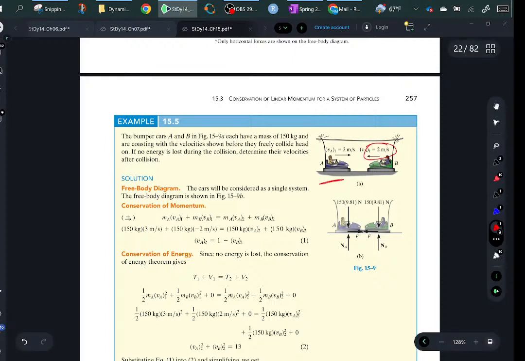One looks like it's going 2, the other looks like it's going 3. The velocities just before they collide head on. If no energy is lost during the collision, determine the velocities after the collision.